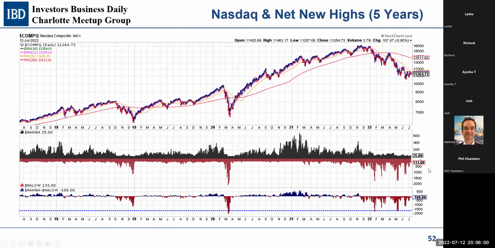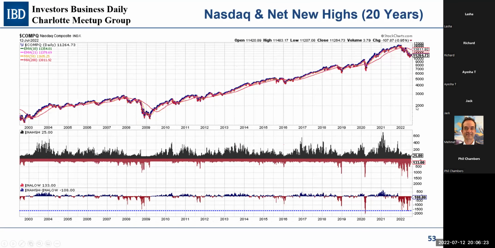So just another thing under the surface, we want to see blue start to come up above that. And right here, it was a pretty low number today, but we'll see if that can slow down, and we'll start to see some net new highs, and start taking more chances on the long side.